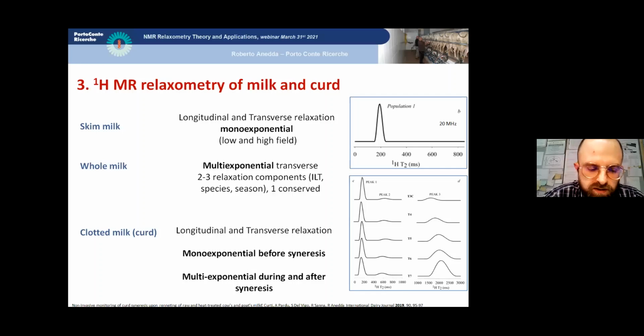Once syneresis is complete, signal remains multi-exponential and describes the state of water and macromolecules forming the paracasein network in cheese during ripening. My colleague Elena will talk a little more about what we found when we analyzed curd syneresis as a function of heat treatment too.